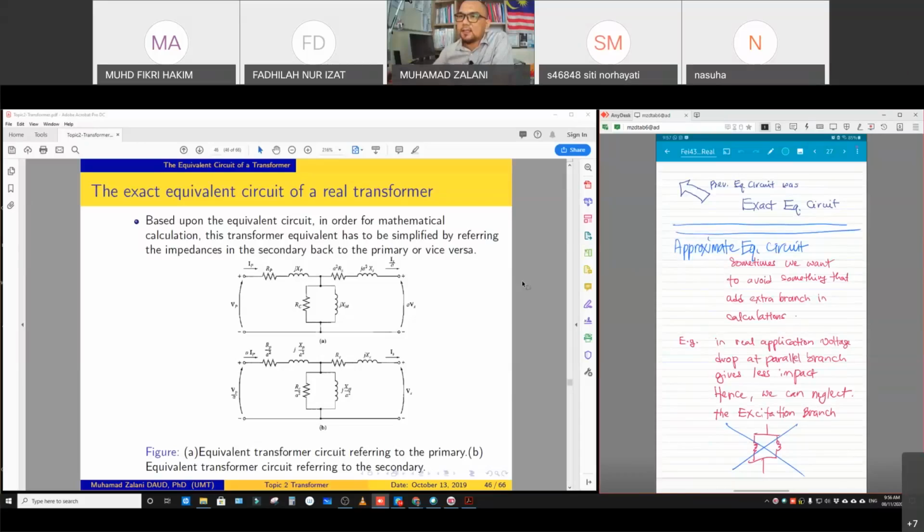simplify this equation, because in some situations, some of the effects can be neglected. For example, sometimes you want to avoid an extra branch in the calculation. So for example, in real application of the transformer, the parallel branch here can be neglected.